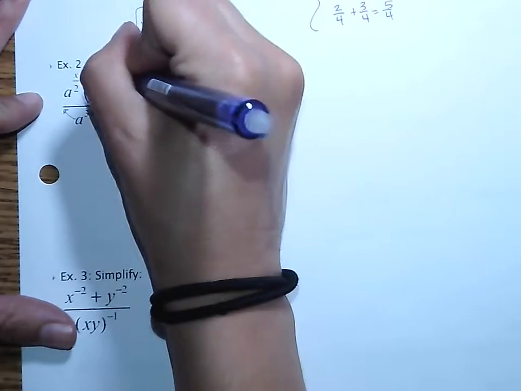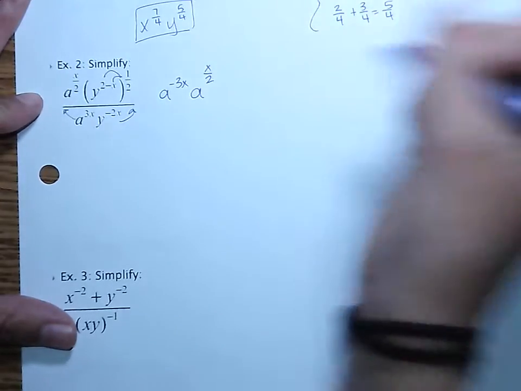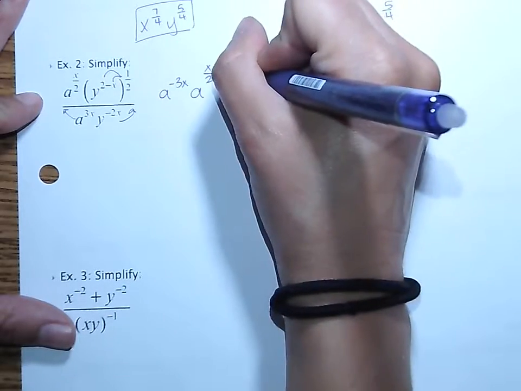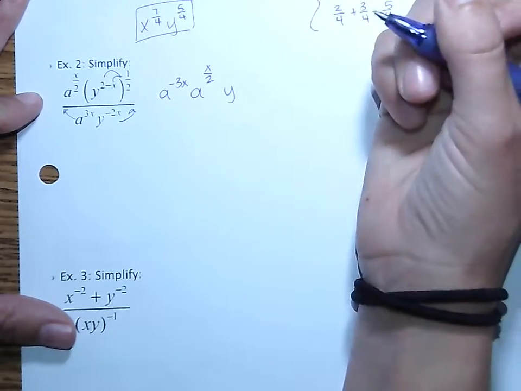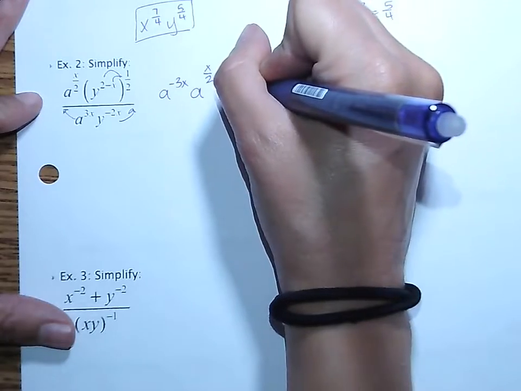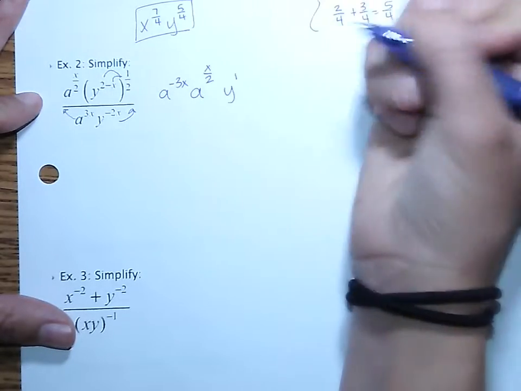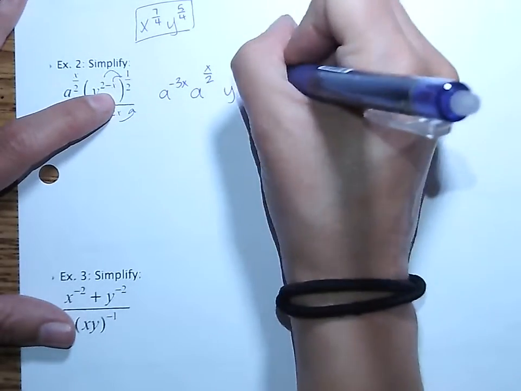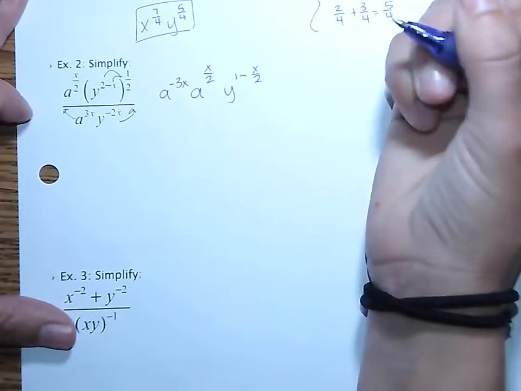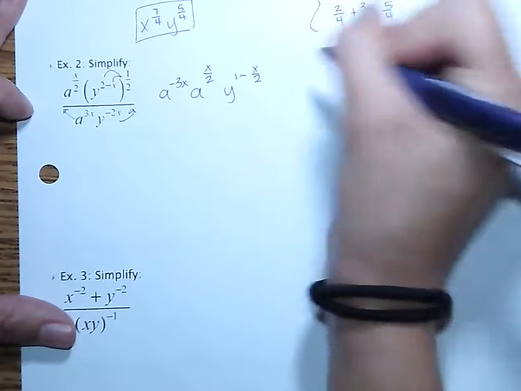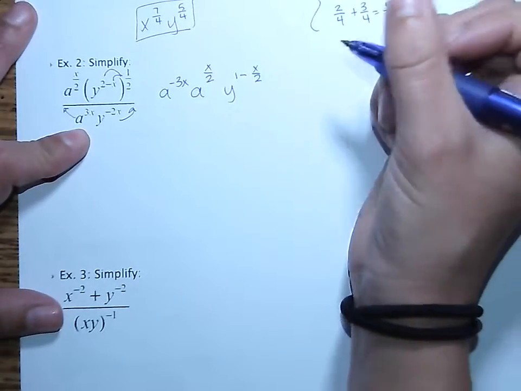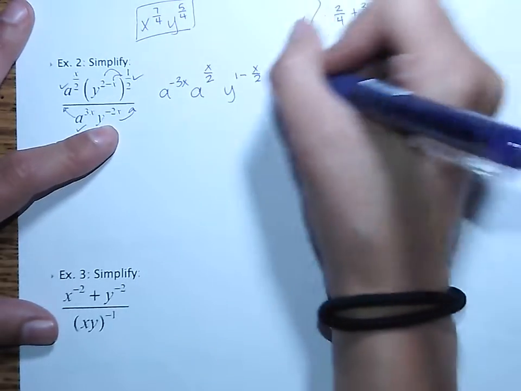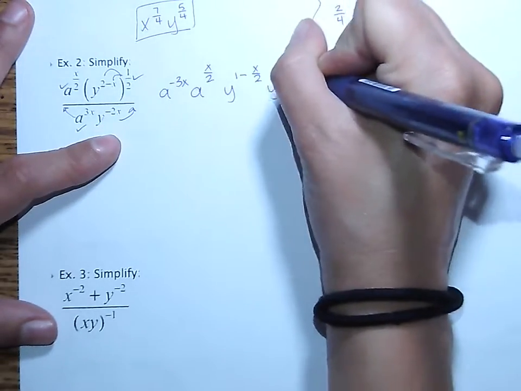At the same time, I can distribute this to get y. 2 times 1/2 is just 1. I don't have to write it, but I can. Sorry, I do need to write that in this case because it's 1 minus x over 2. So this is the exponent now. So we've taken care of this term, and this term. We now just need to move this other y up to get a positive 2x.